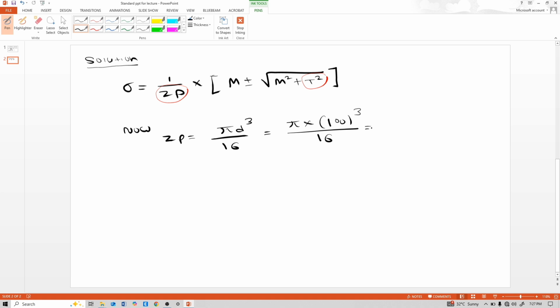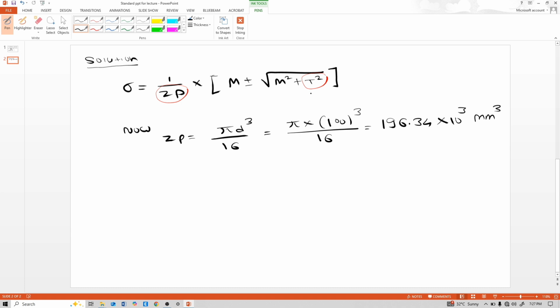So it is 196.34 into 10 raised to 3 mm cube.